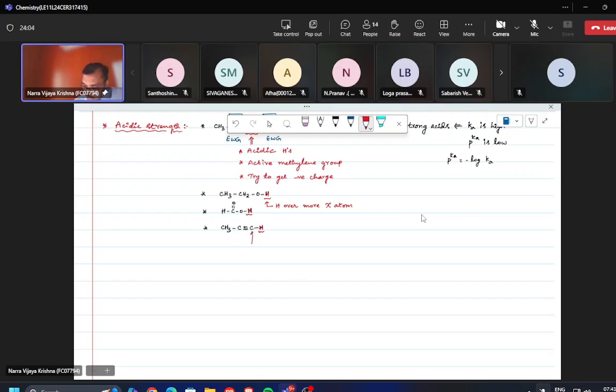Those hydrogens are present over an sp hybridized carbon. As the percentage s character increases, what happens? Electronegativity increases. If hydrogen is present over an electronegative atom, then it is acidic. So obviously it will be acidic. Any questions?